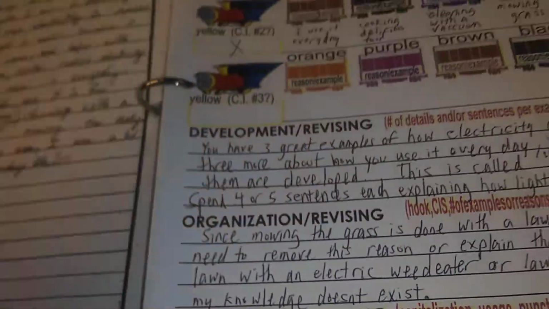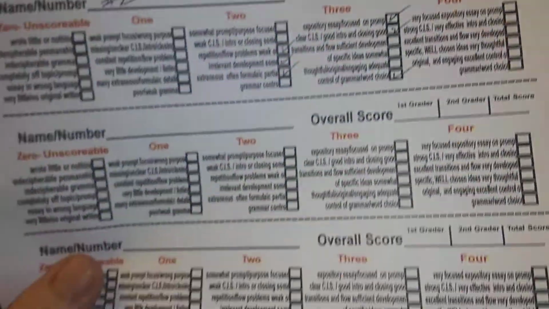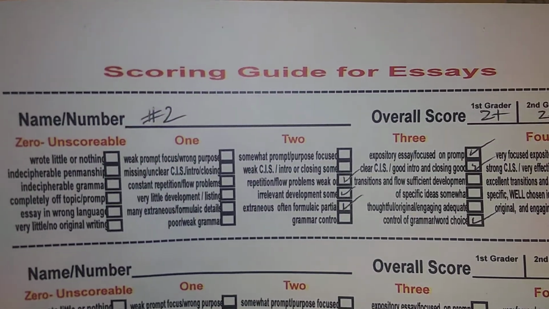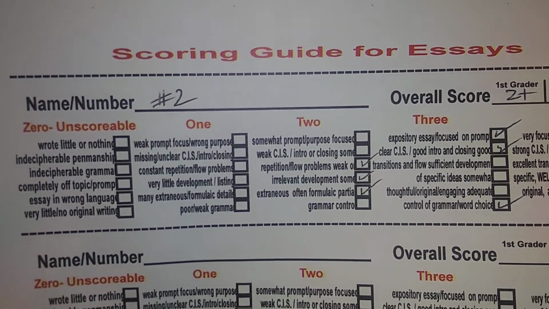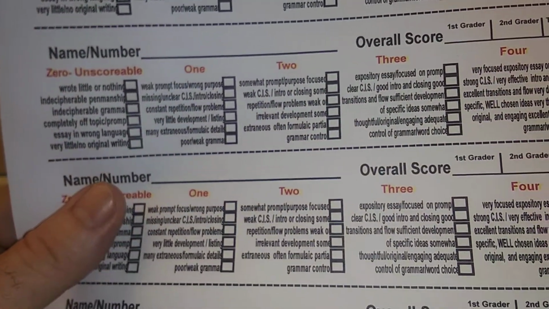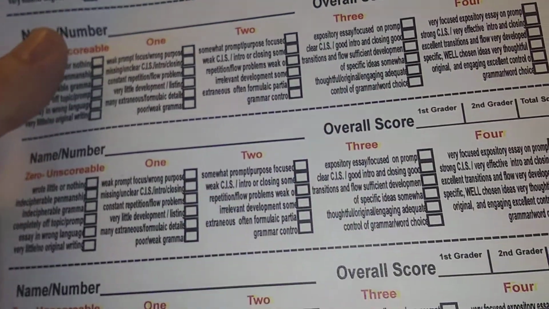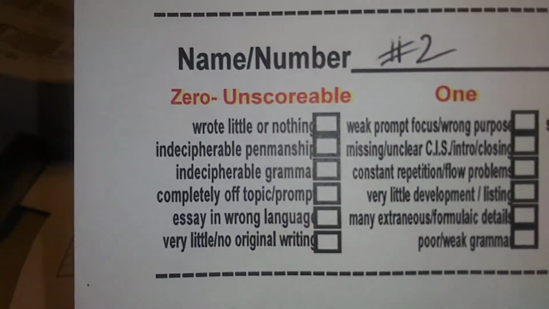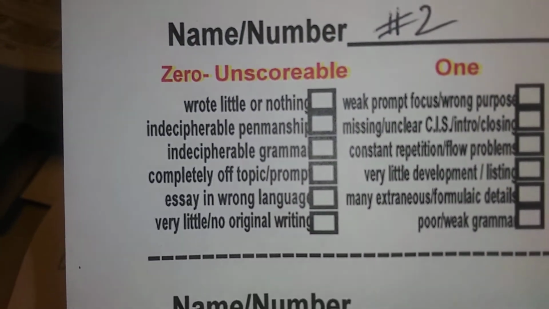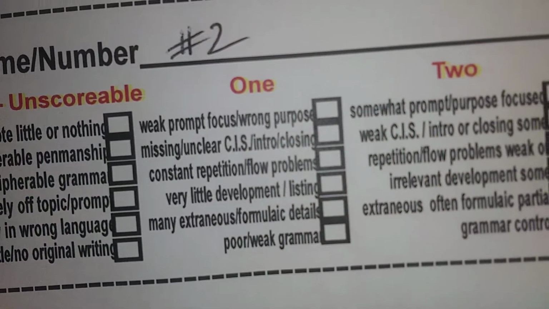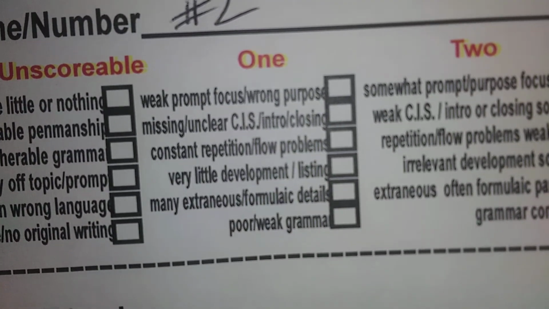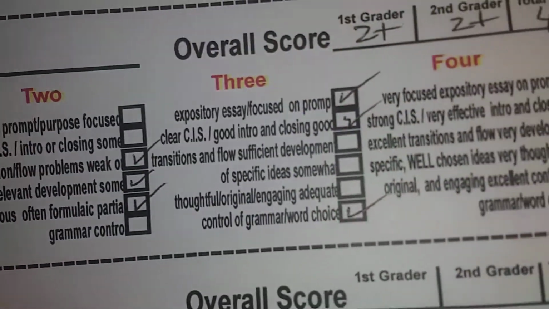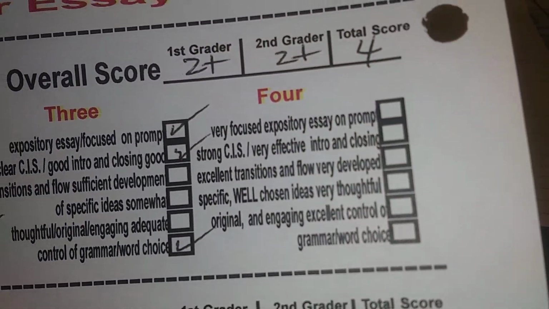So for those of you who like the other form, this is the quick check scoring guide. Whenever you're in a hurry, you can just use the front side, and this is from page 505. On this you can score 5 essays, and as you see, it shows you how to get zeros, what the scoring rubric for the adult scoring guide says, how to get a 1, a 2, a 3, or a 4.